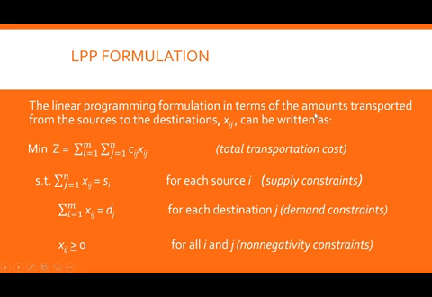So now we talk about LPP formulation or linear programming formulation of your transportation problem. So what is the basic structure of linear programming? If at all you need to call a problem as linear programming problem, it should have an objective function which has to be either minimized or maximized, and it should have a set of constraints, and it should have a non-negativity constraint.